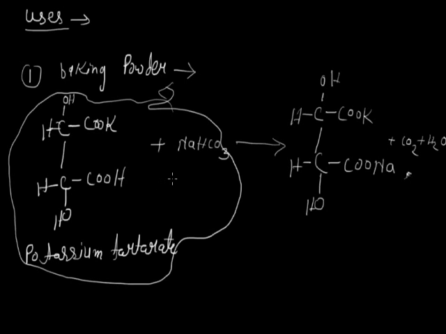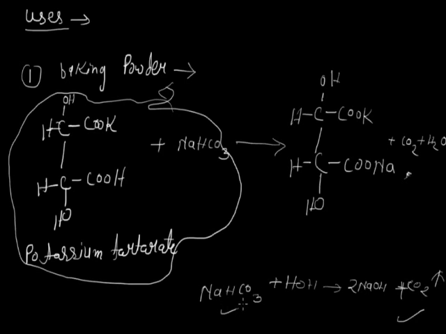If we used only sodium bicarbonate in the making of cake, then its aqueous solution gives sodium hydroxide, along with the evolution of CO2 gas. No doubt we can obtain CO2 gas using only sodium bicarbonate.